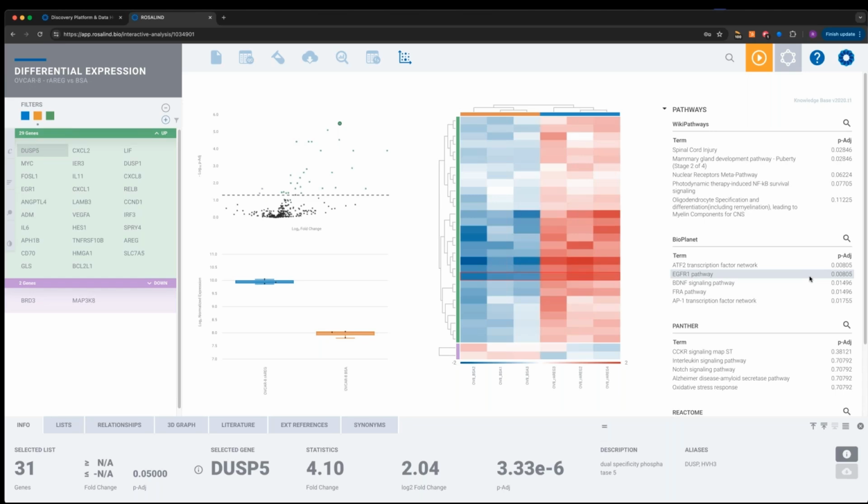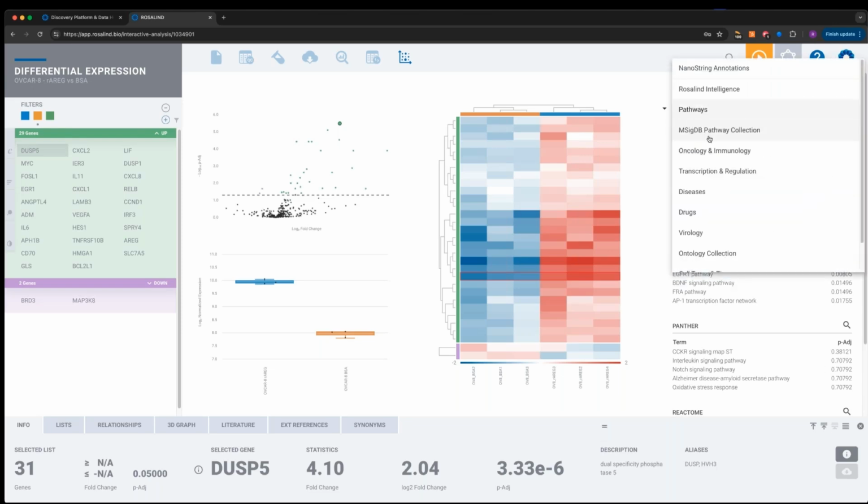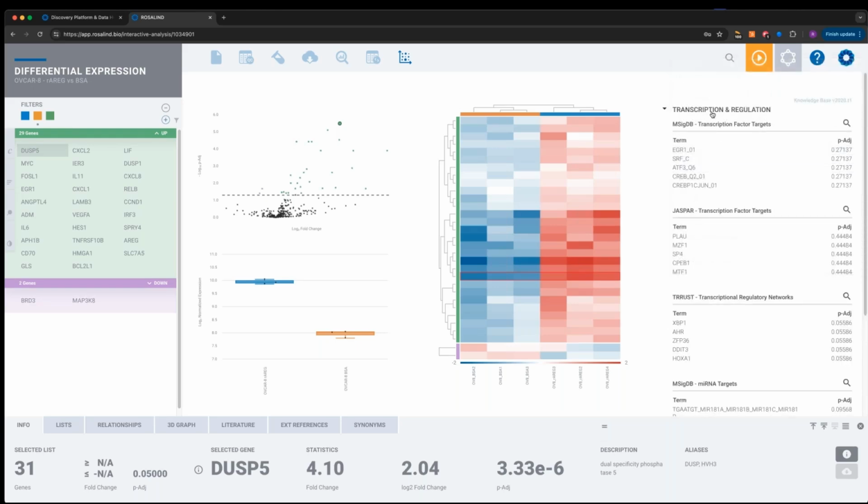Some other things I want to show you, maybe let's look at one of my favorite things, which is transcription and regulation. I studied a lot of transcriptional regulation when I was in grad school, so it's always close to my heart. What Rosalind can do is, for your set of significant genes, we can look at the promoter sequences, and we can identify whether there is an enrichment in any transcription factor binding sites or any transcription factor motifs in the promoter regions of your significant genes.